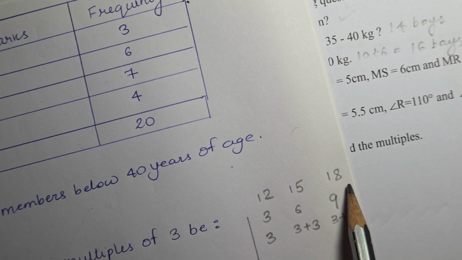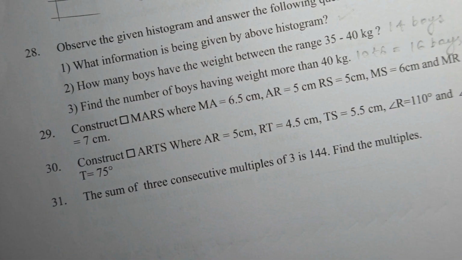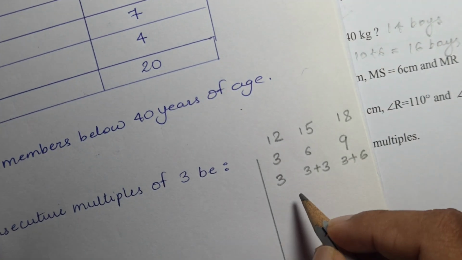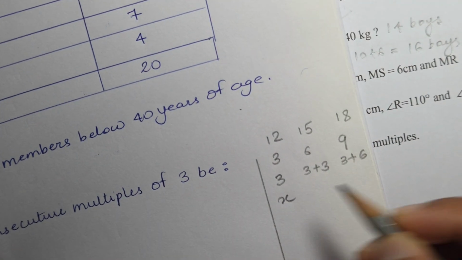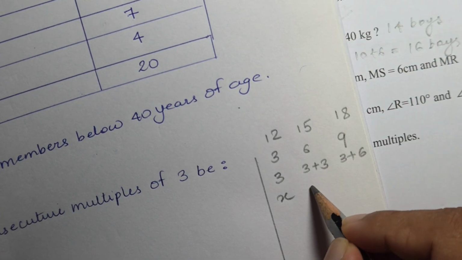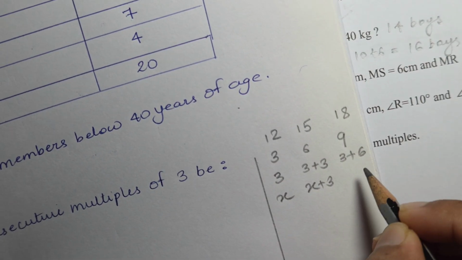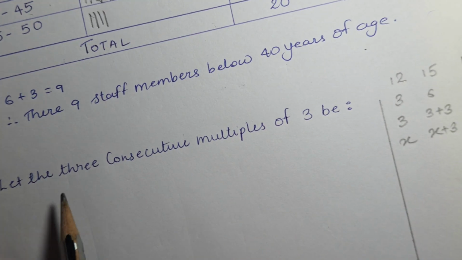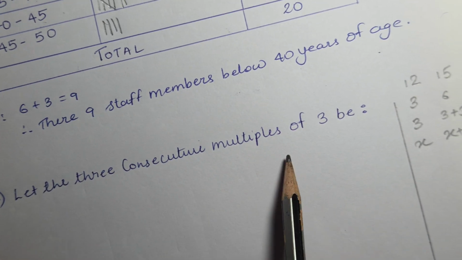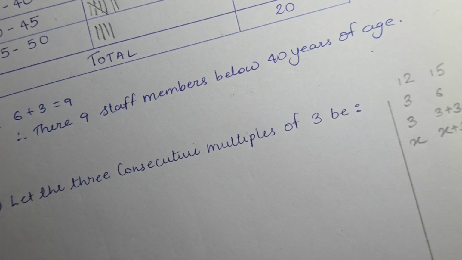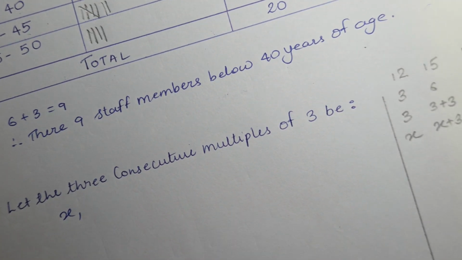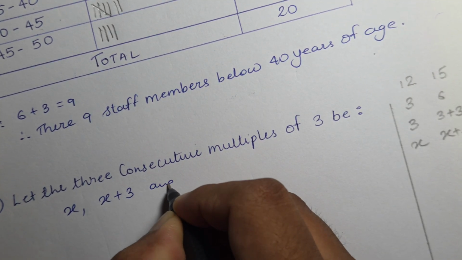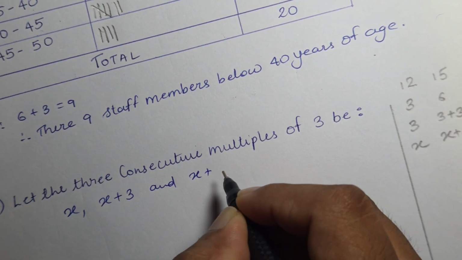Here I was aware that we were starting from 3 or from 12. The question did not mention where to start. So instead of taking 3, I would take x. The next would be x plus 3, and then x plus 6. So the 3 consecutive multiples of 3 would be x, x plus 3 and x plus 6.